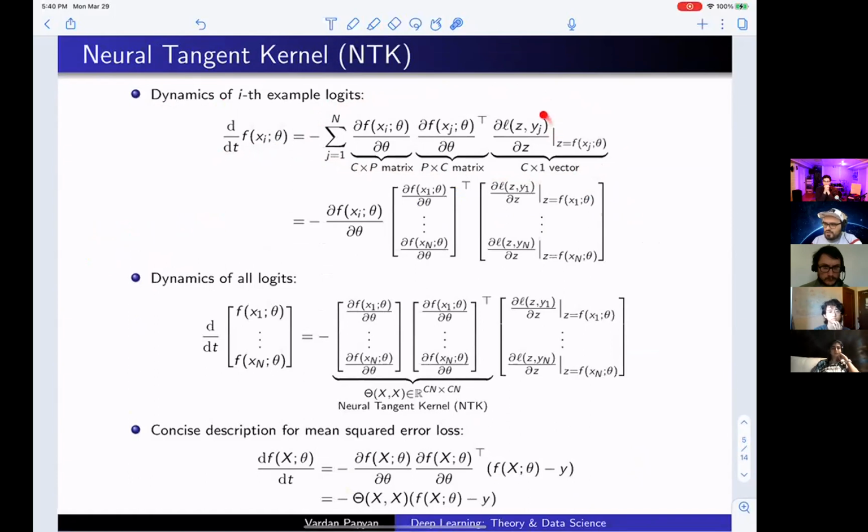So here you can see the derivative of the loss with respect to the logits, which is a c-dimensional vector. And you can see that the derivative of f with respect to theta, which is a c by, what is t? T is time. So you should think of t as corresponding to either the epoch or SGD step.